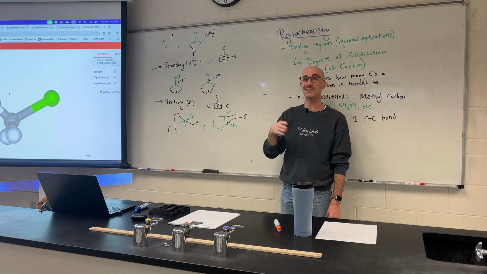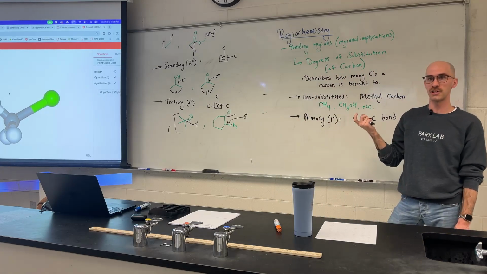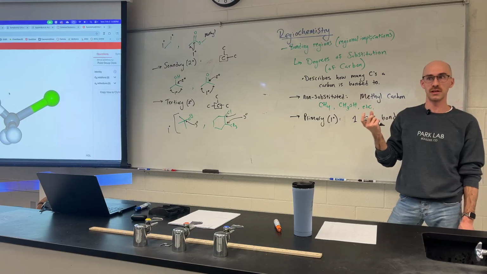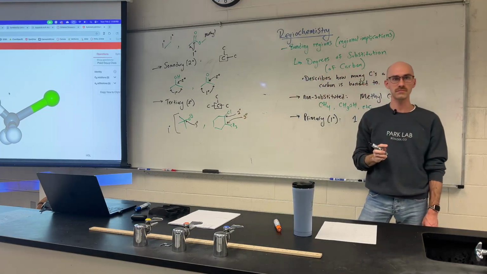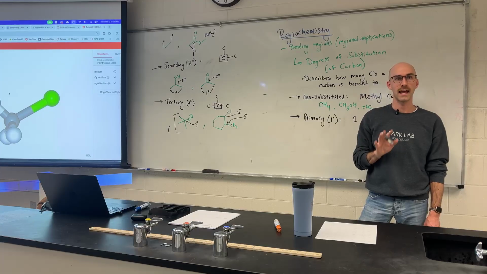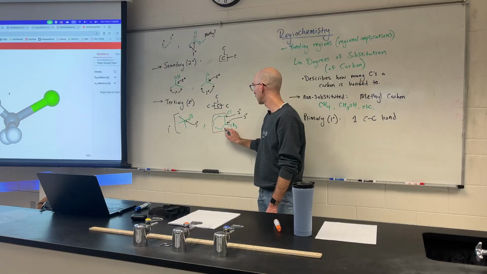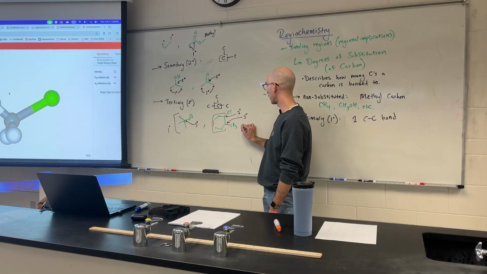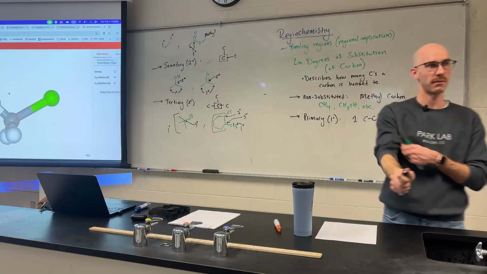But the chlorine does not count as a bond to carbon. So when describing its regiochemistry as substituted, this is still a secondary substituted carbon. As are all of the other carbons in the ring, except for the methyl group, the CH3. The CH3 is considered primary.